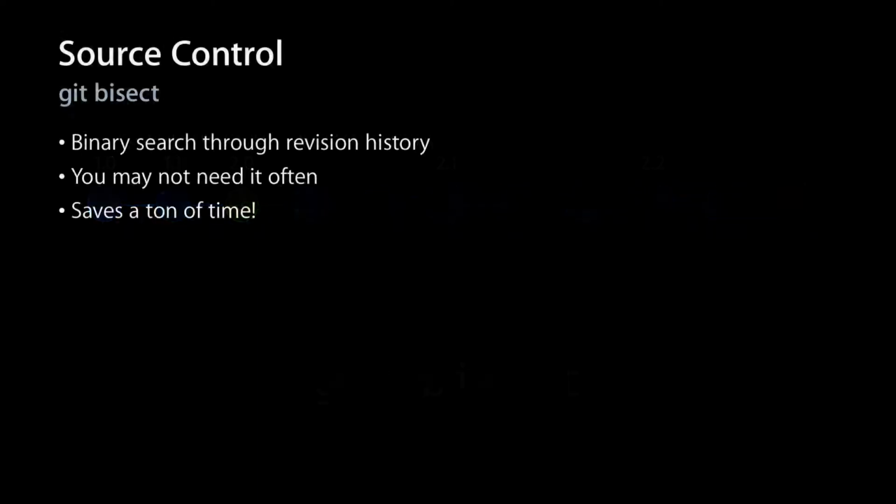What git bisect does is it facilitates doing a binary search through your revision history. And we all know how great binary searches are. They cut times down in orders of magnitude. So this is the type of thing that you probably don't need very often, but when you do, it will save you a ton of time and frustration.